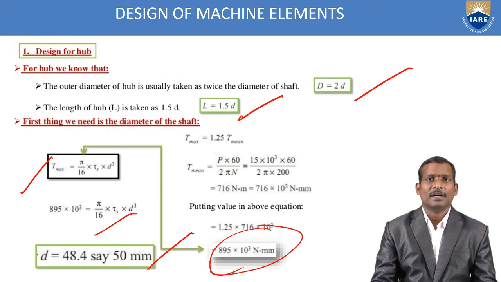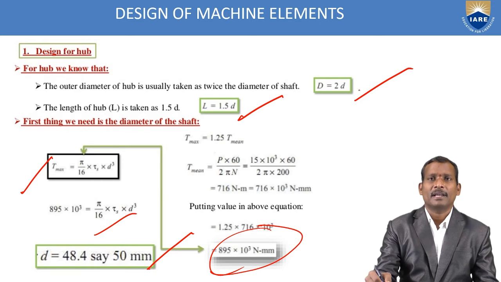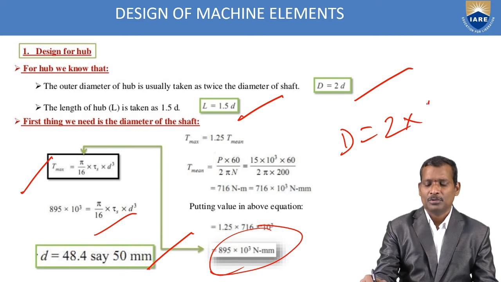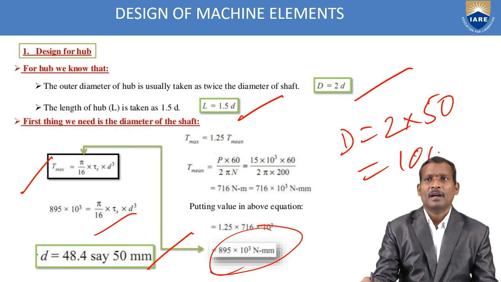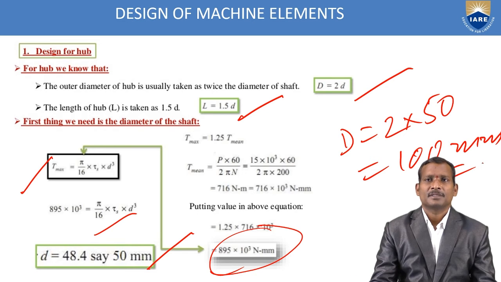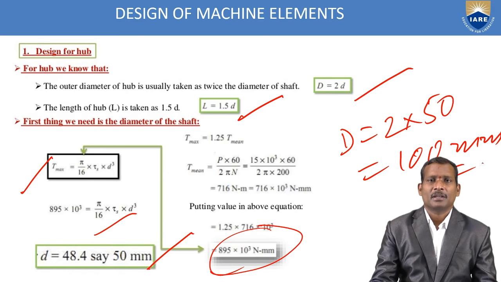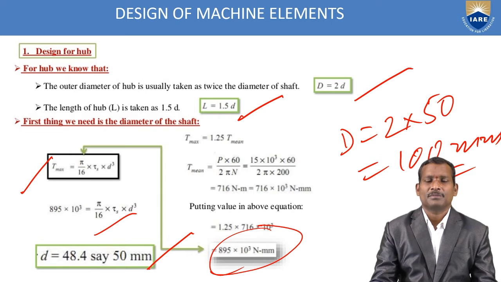Next, the outer diameter of the hub: D is equal to 2 times the shaft diameter, so 2 times 50 is 100 mm. The length of the hub is 1.5 times the shaft diameter.